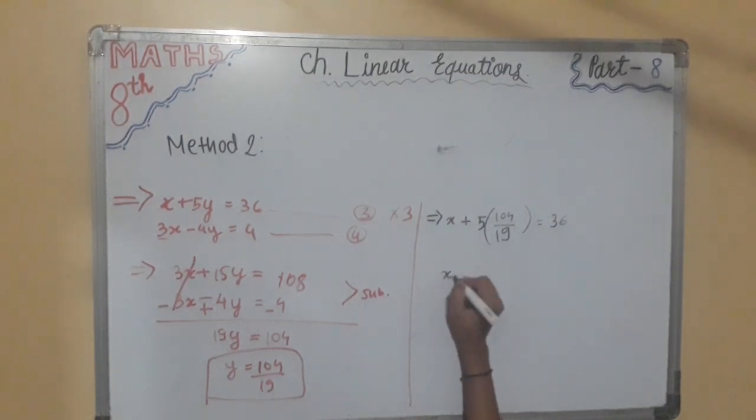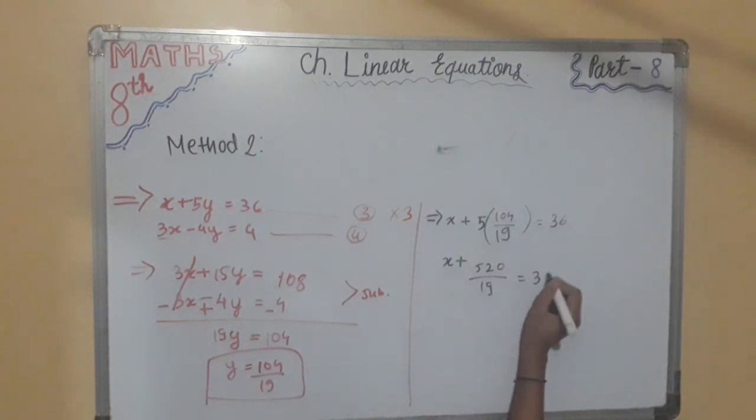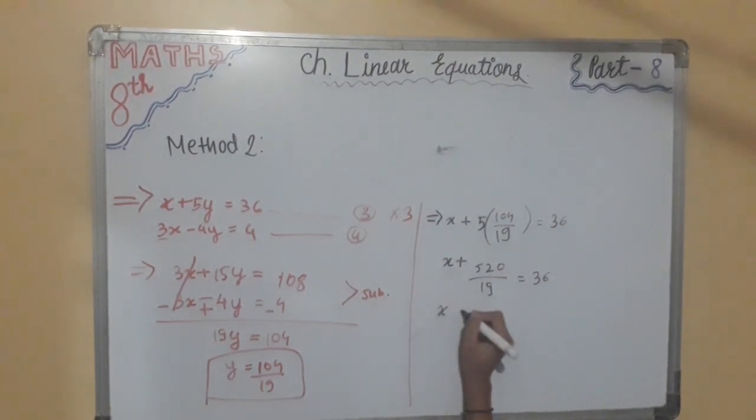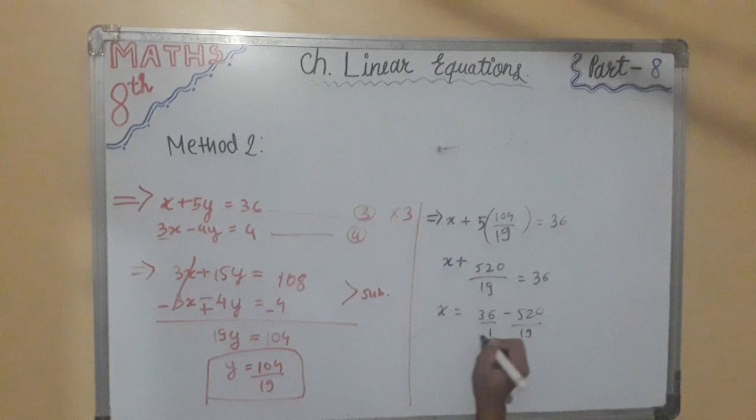So x plus 5 into 104 is 520 upon 19 is equal to 36. We'll transpose this. x is equal to 36 minus 520 upon 19, that is 36 upon 1 minus 520 upon 19.